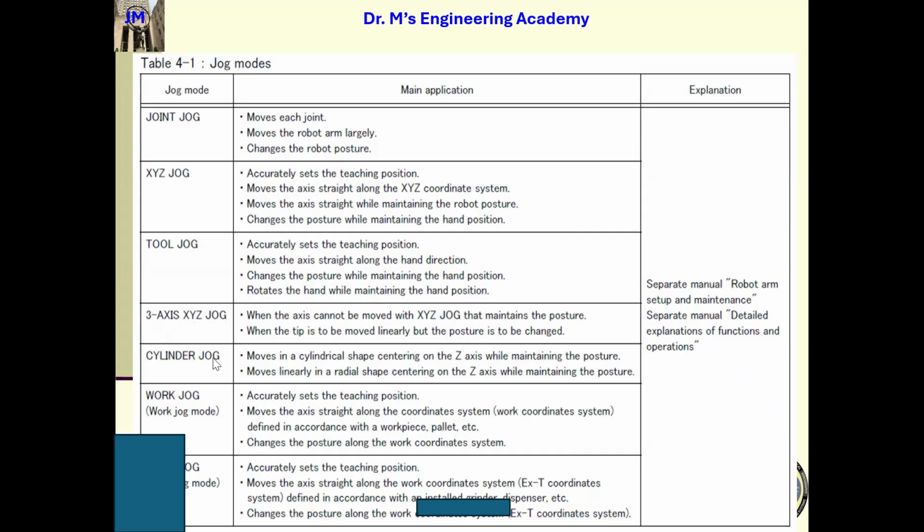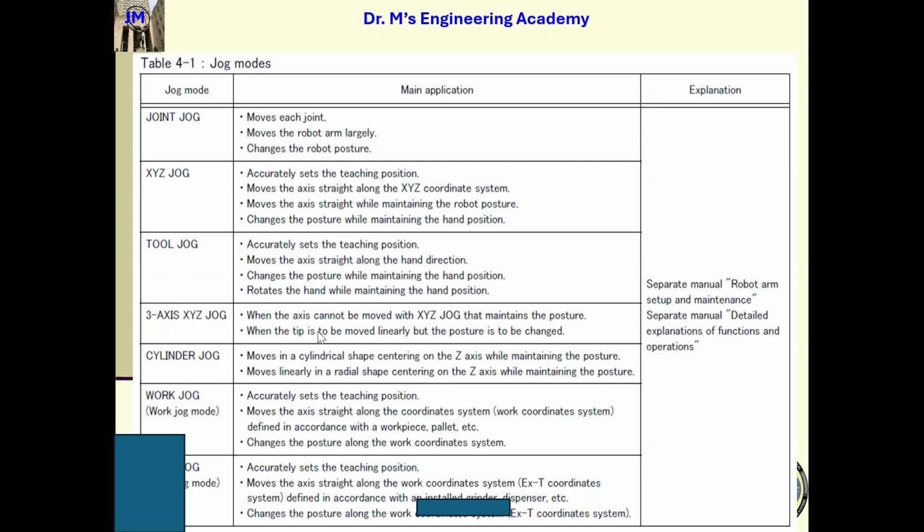Cylinder jog moves in a cylindrical shape along the Z-axis while maintaining the posture, moving linearly in a radial shape centering on the Z-axis while maintaining the posture. This is very easy to understand. The work jog accurately sets the teaching position and moves the axis straight along the coordinate system. And there is also the external tool jog mode.